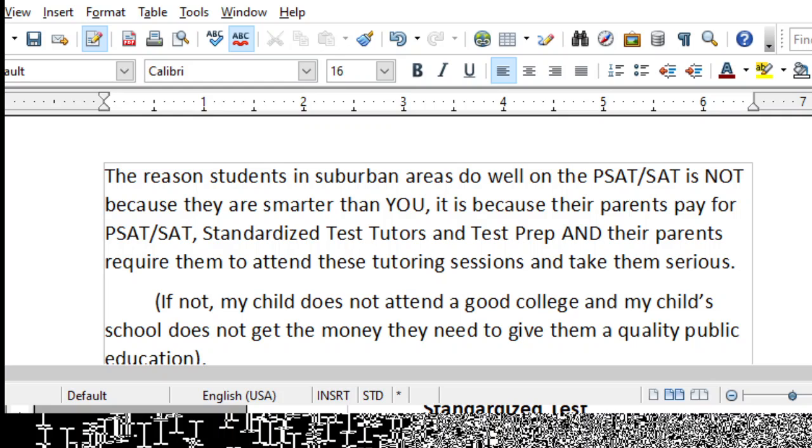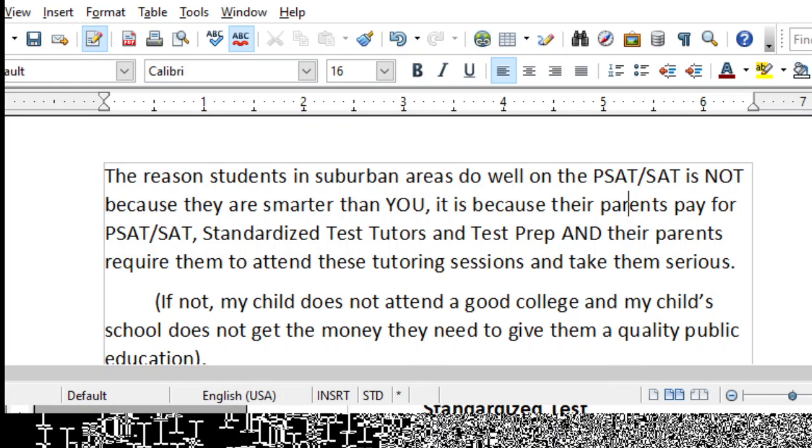That's why students in suburban areas do better on the PSAT and the SAT than students in urban areas or low-income areas. One, their parents are paying a tutor, they're paying for their child to be tutored in the PSAT, SAT.